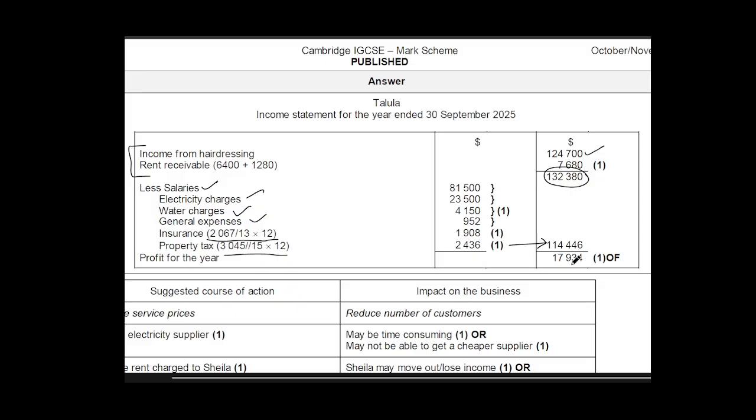And in the end, if you write your sum of expenses over here and subtract it from this total income and get your answer here, and you say that it is profit for the year, you will get 1 mark for 17934. But it is an own figure mark, meaning if there is a calculation mistake, it will be waived off and you will get a mark over here whatever your answer is for the profit.